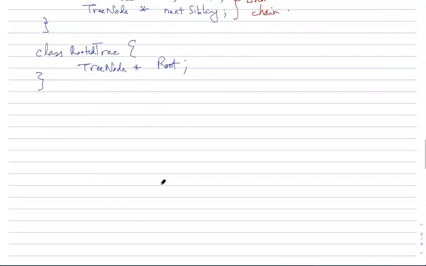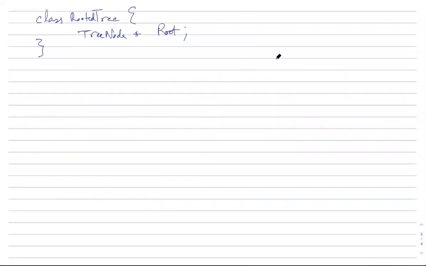Okay, so now why did we even bother to represent something in this tree format? What does it give us? What would be a practical example of such a thing? A file system. Very good. So one very obvious example would be file system.